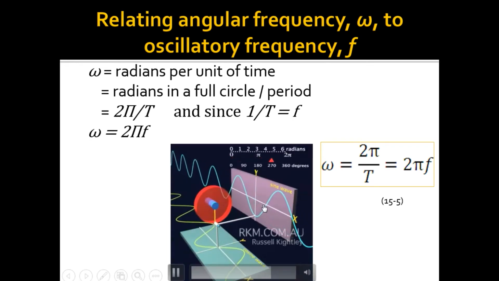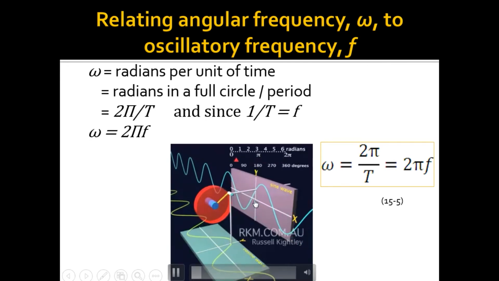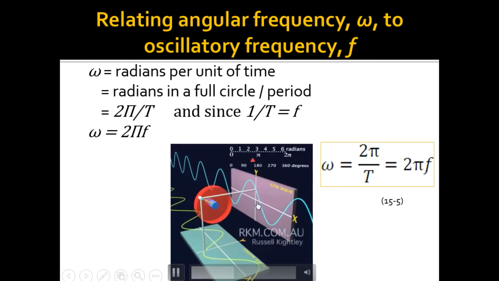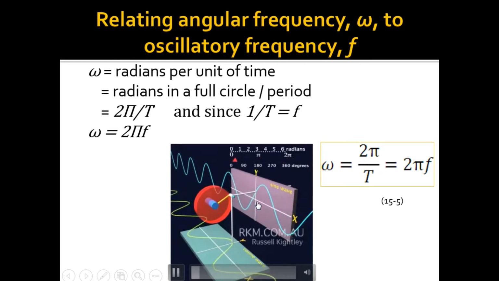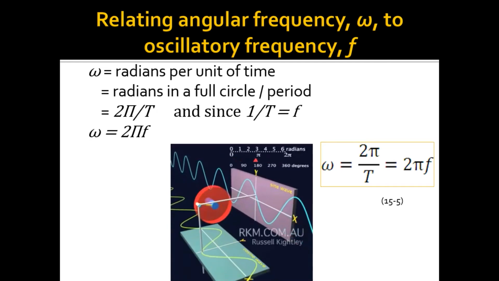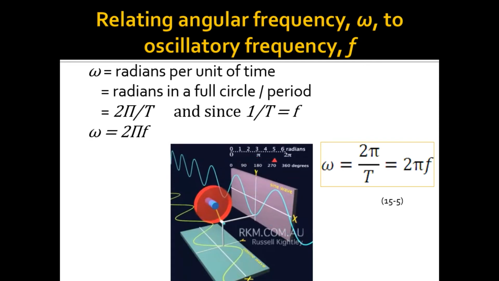You can see that's when the graph is at the origin, and then it goes up to its maximum, down to its negative maximum, and back to the starting point. So one cycle of the sine wave oscillation corresponds to one rotation of the circle.